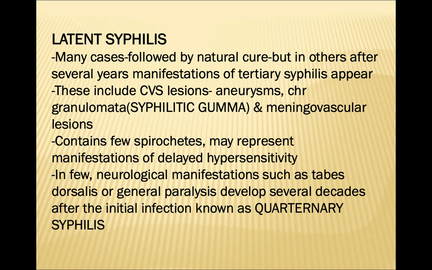Outcome of this latent syphilis: the most common way it goes is persistence as a lifelong infection, or it can develop into a latent infection, which is a rare one, and it can also undergo spontaneous cure. After several years of latent syphilis, it can land up into tertiary syphilis.